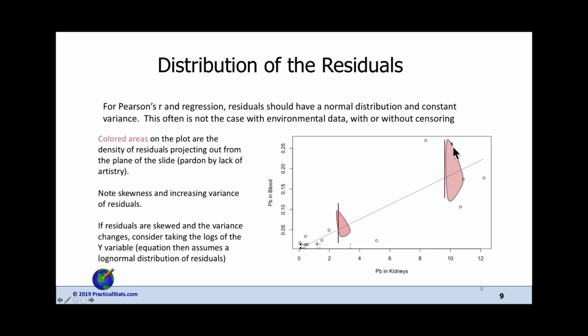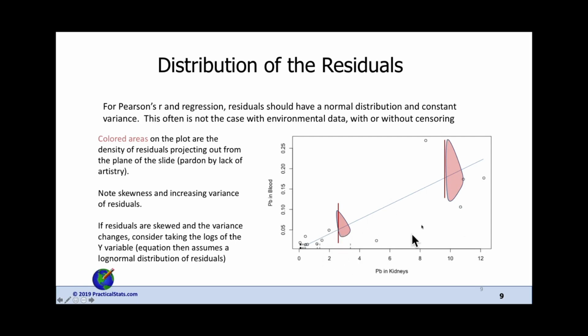But you see it goes up higher than it went down lower. So that's skewness, when you have data further away from the regression line on the upper side than the lower side. That's skewness of residuals. The increasing size here represents the increasing variance. It's going out further above and below than it did at the low X values. So that's an increasing variance in the data.